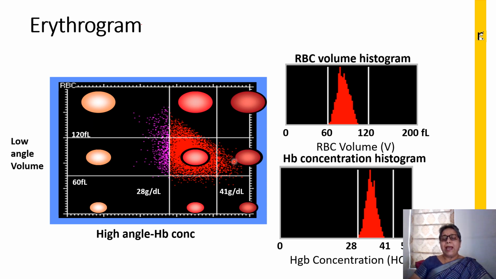So by looking at the scatter, one will be able to decide what kind of cells will make up the red cell population in the given sample.